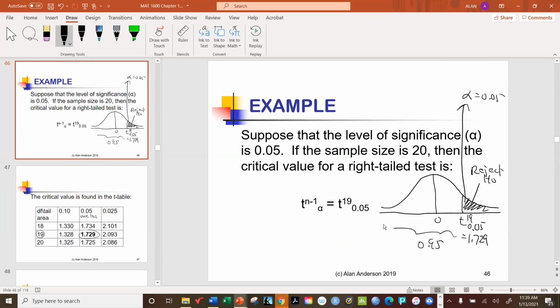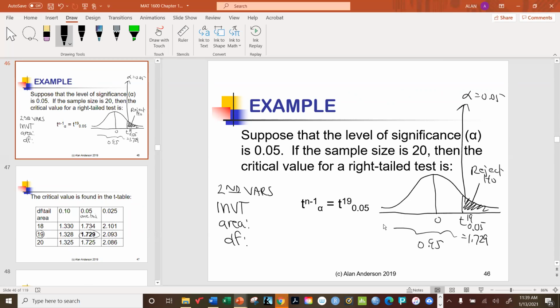But if you're going to use your calculator, the function you need now is not INV norm, but INVT. Now, when you come up with INVT, it's going to ask you for the area and the degrees of freedom.